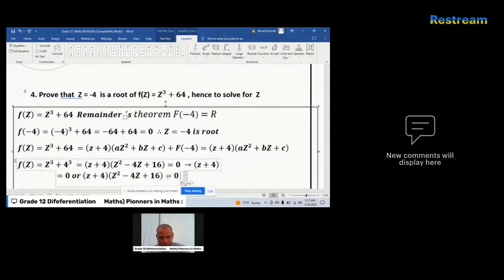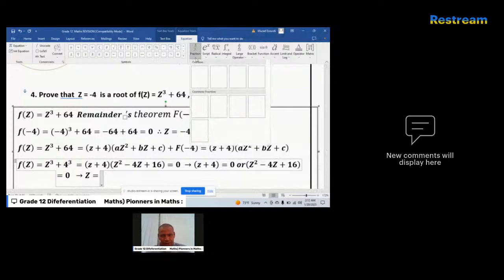Therefore, the first one we proved is in fact equal to 0. I'll just solve the next one. Here you can see that a is 1, b is -4, and c is 16 if we are going to use long division. I will use the formula for z.